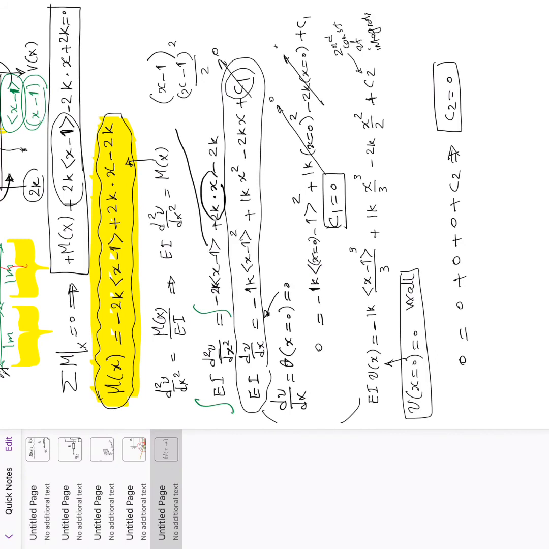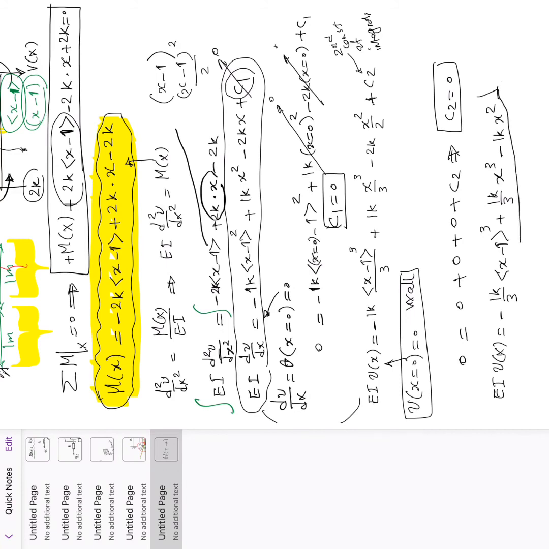So if I put it all together, I get EI v at any x is equal to negative 1k over 3 times x minus 1 to the 3, plus 1k over 3 x cubed, minus 1k x squared, and c2 is also 0.